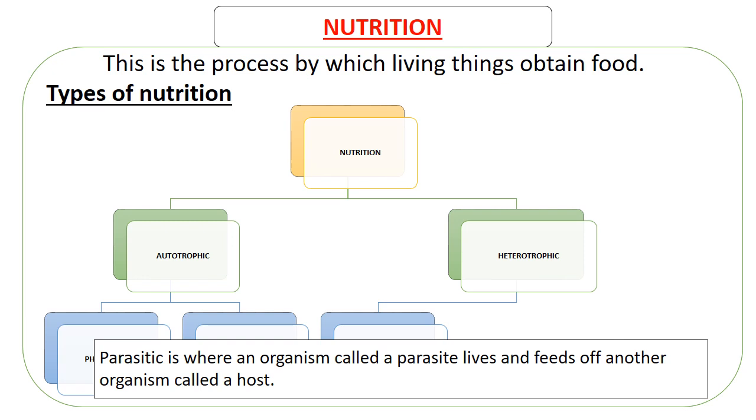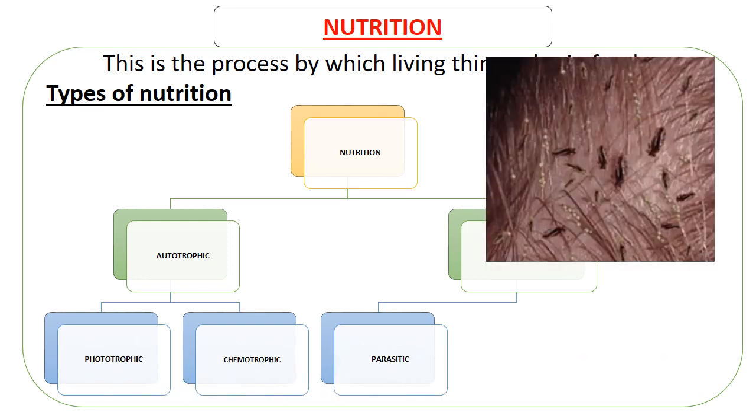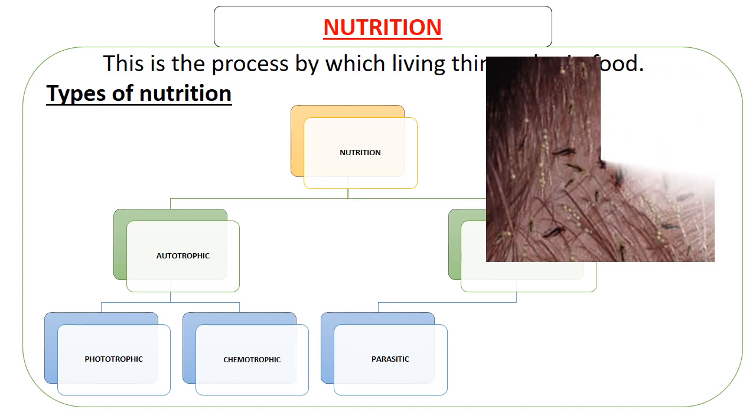The one doing that is called a parasite and your food is called a host. A good example is this issue of lice. Lice feed on human beings and they live on human beings. Human beings are hosts and these lice are parasites.